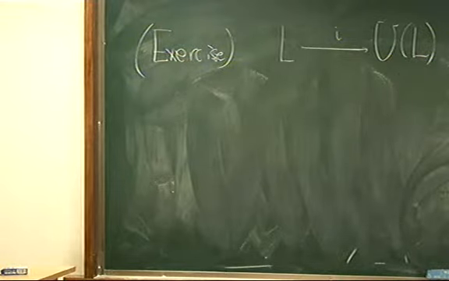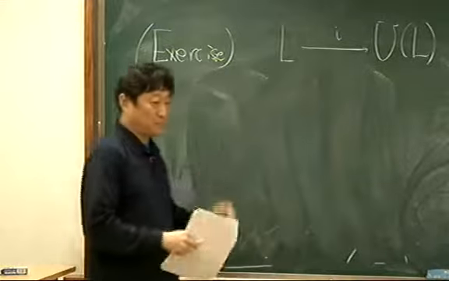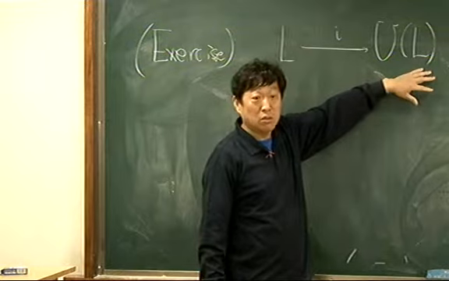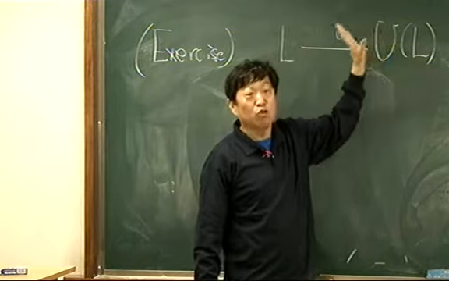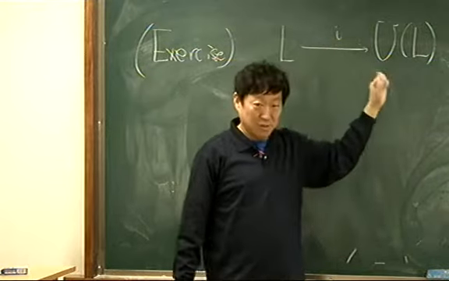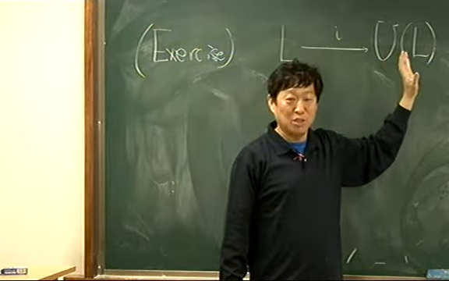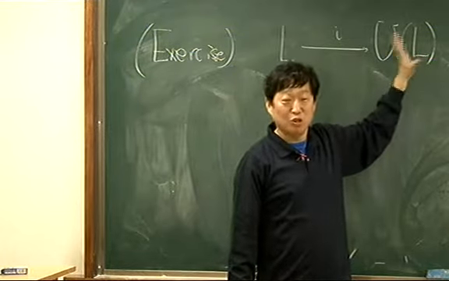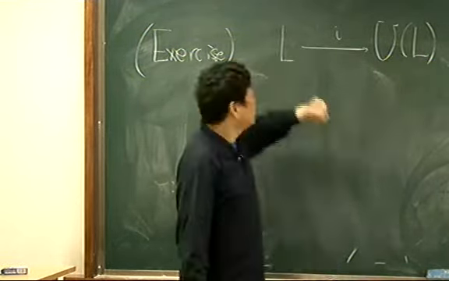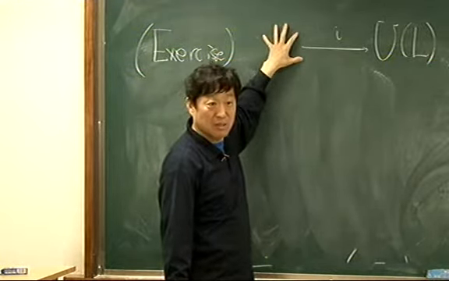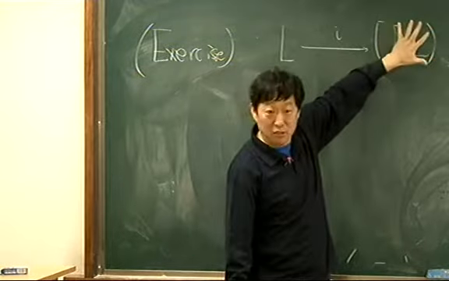The universal enveloping algebra over a Lie algebra can be understood as the biggest or smallest associative algebra satisfying the defining relations of L. That's the only condition for this.